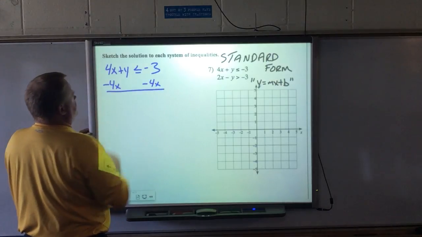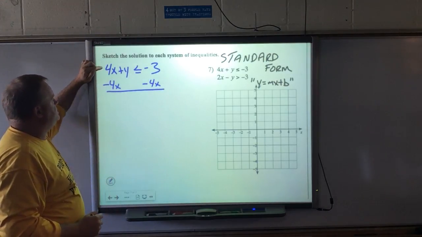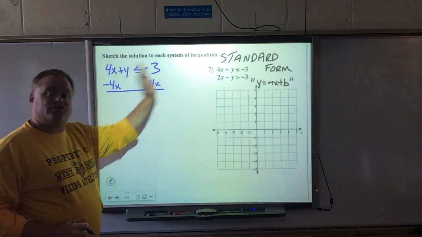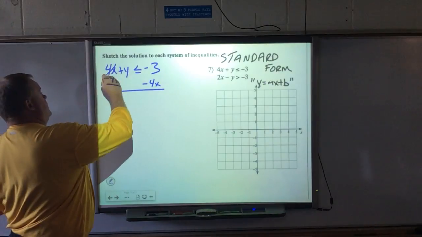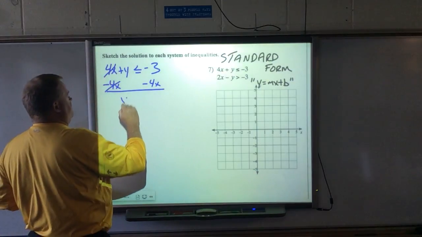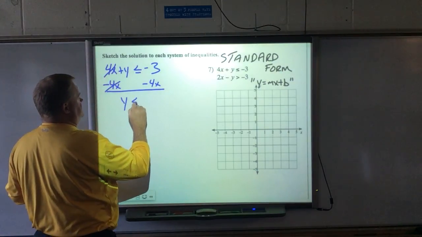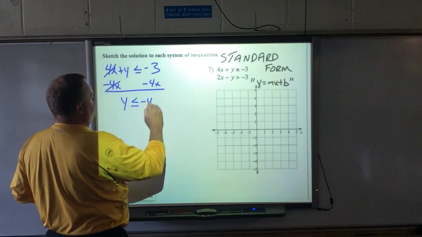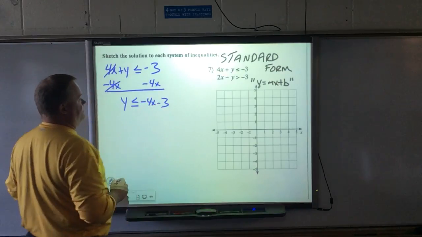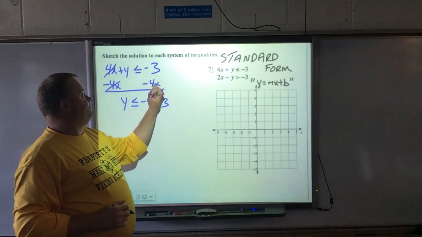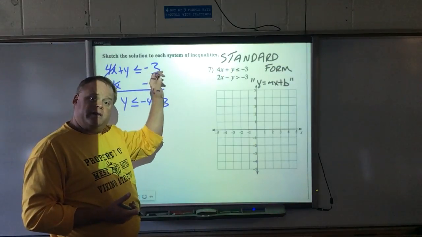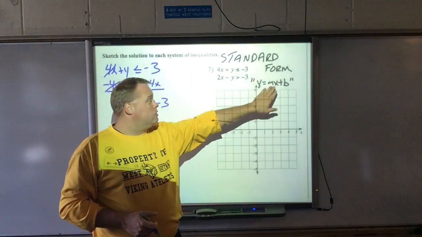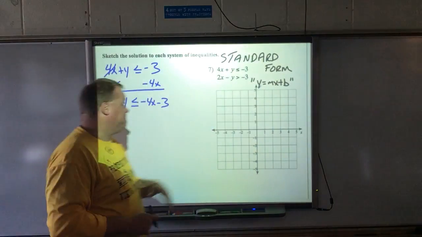The reason I'm subtracting 4x is this 4x is positive, so in order to move it to the other side of the inequality, I have to subtract it. Now they cross out on this side, leaving me just y less than or equal to negative 4x minus 3. I want the 4x in front of the 3, which in this case is a negative 3, because I want it to look like y equals mx plus b.